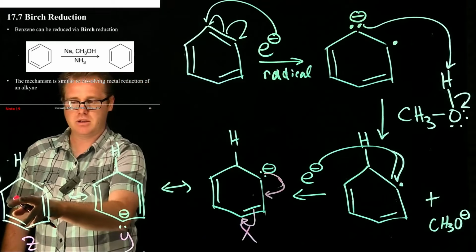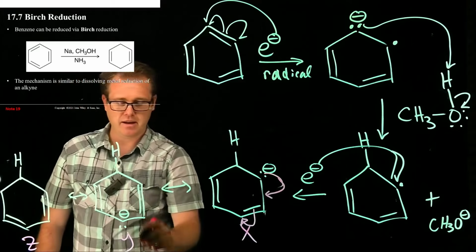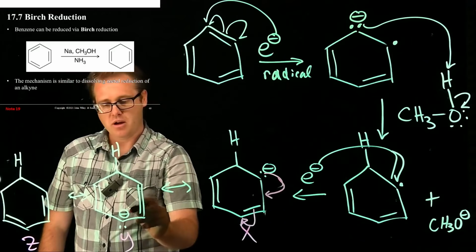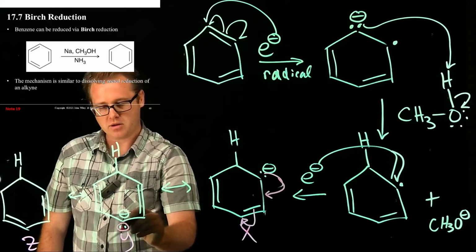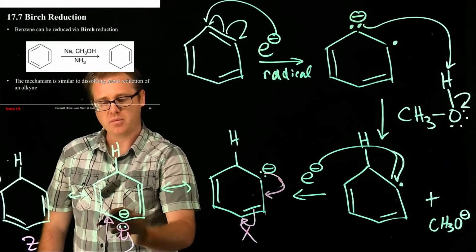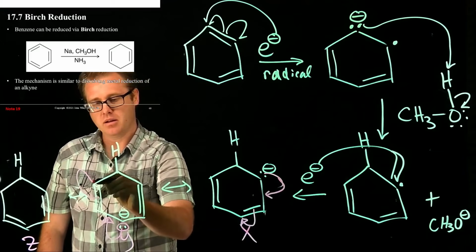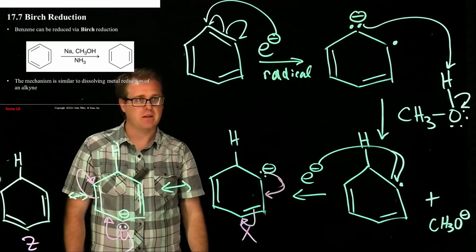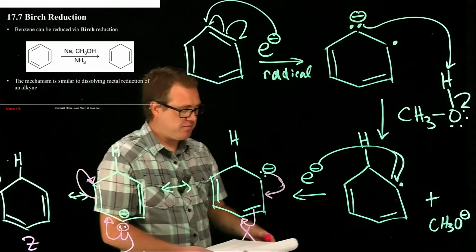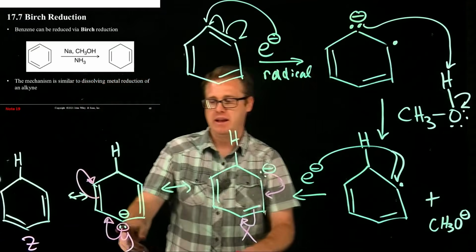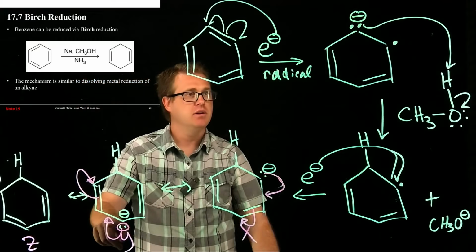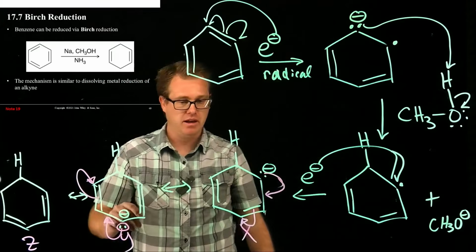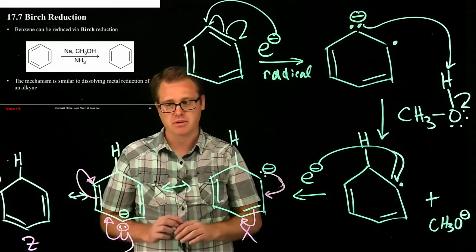And then go to the Z resonance structure, what's going to happen? That lone pair right there is going to come down, form that double bond, and like that. Okay? Now in this mechanism, you have to pay very close attention. We have double hooked arrows and single hooked arrows. They mean different things, and it's really, really important.